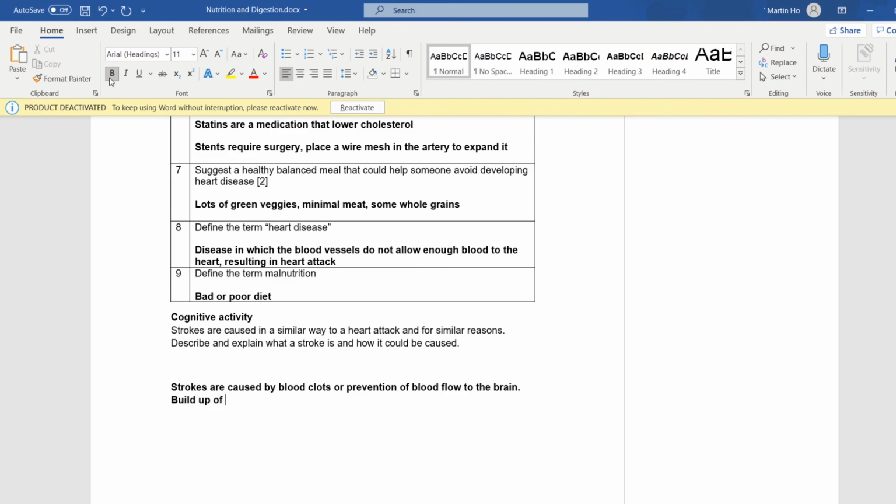Buildup of plaque can reduce the amount of blood flow to an area such as the brain, as well as smoking, which decreases the supply of blood to the body.